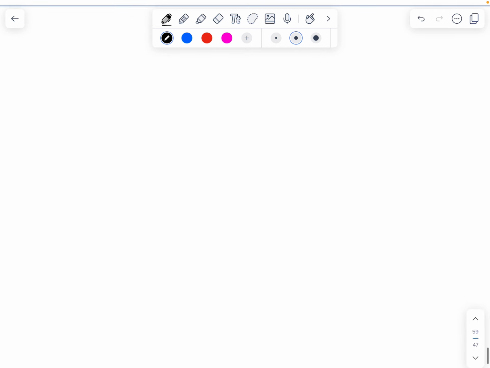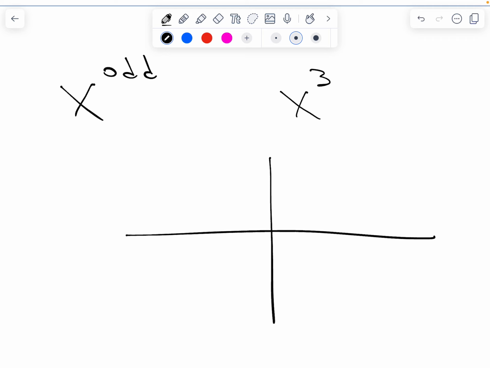Okay, now let's talk about x to the odd. Okay, so we talked about x cubed. X cubed is going to look like this. As you go to the right, you're going to approach here, and as you go to the left, you're going to be here. Now, why is that?